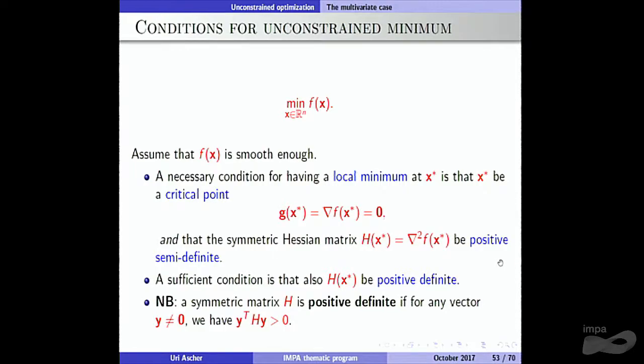If the Hessian matrix is positive semi-definite, then that is a necessary condition for a minimum. If it is positive definite, i.e. it's also non-singular, then it is a sufficient condition for a minimum. Not a global minimum, a local minimum.